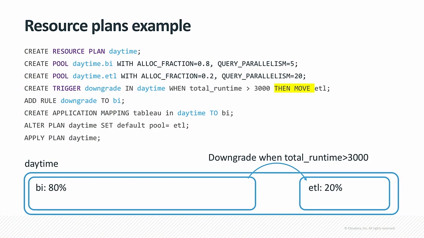Users get assigned to a pool by default. In our example here, let's say most users would default to the ETL pool, but then we can create mappings so that other users, let's say if they're designated to be BI users, because they're interactive users, they expect interactive response times.